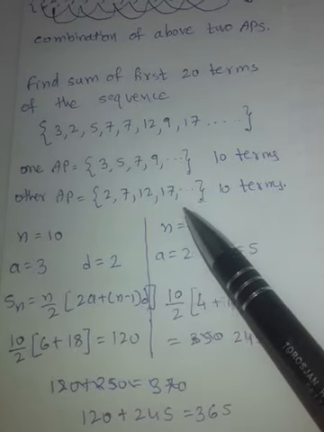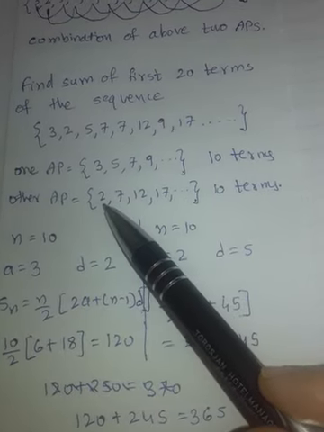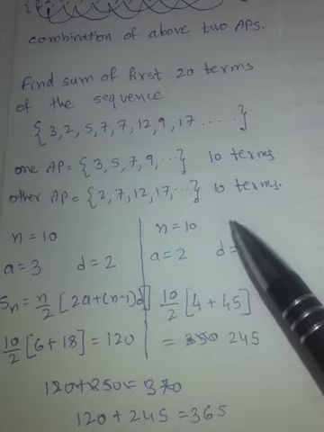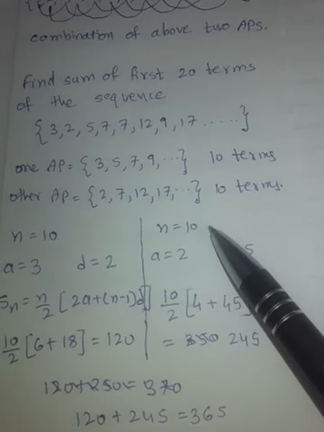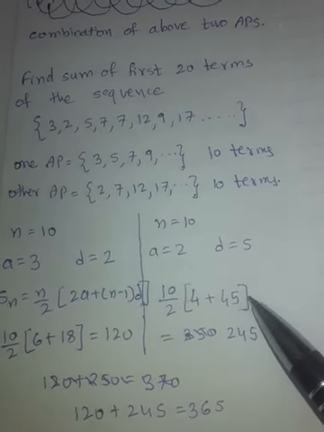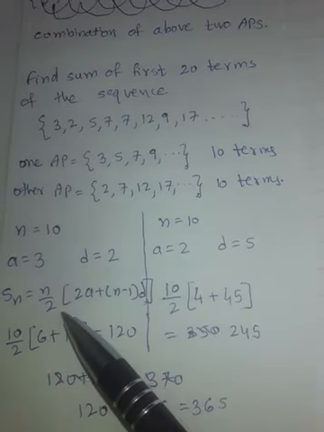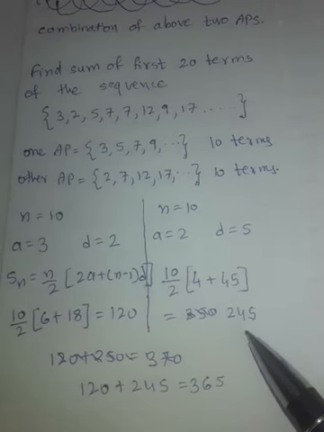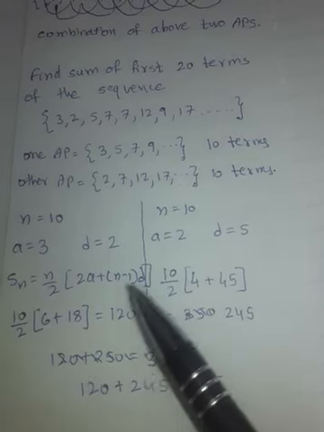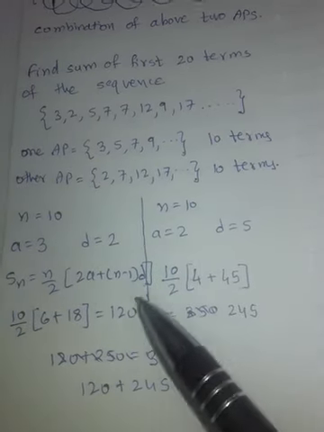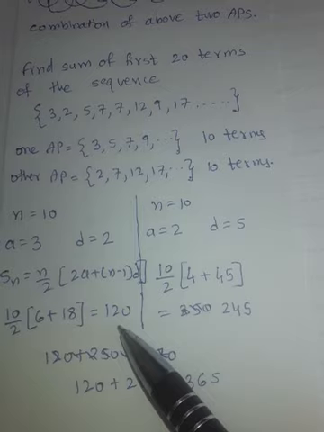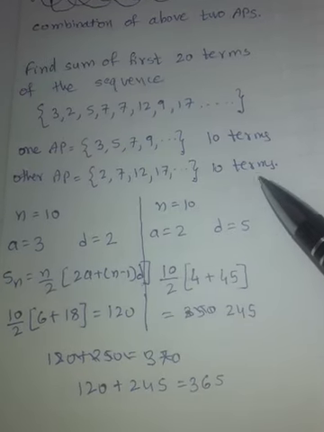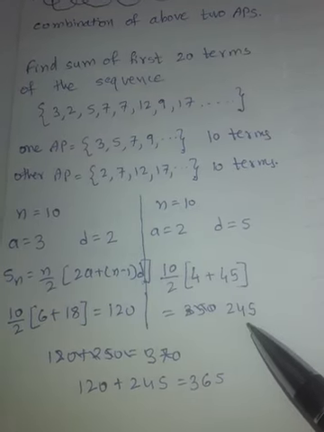Similarly for this AP, a is 2, common difference is 5, n is again 10. I substitute everything in the formula of sum, Sn का formula में सब कुछ डाल दिया, and I get the answer 245. So for this AP, the sum of the first 10 terms is going to be 120. For this AP, the sum of the first 10 terms will be 245.